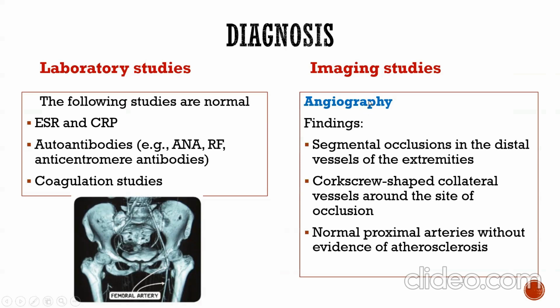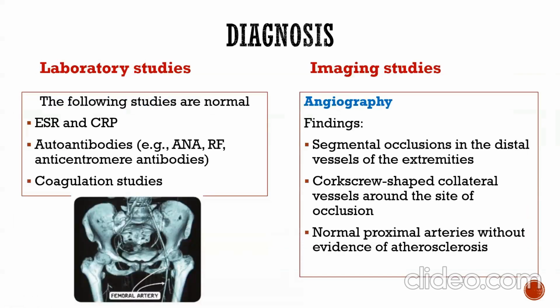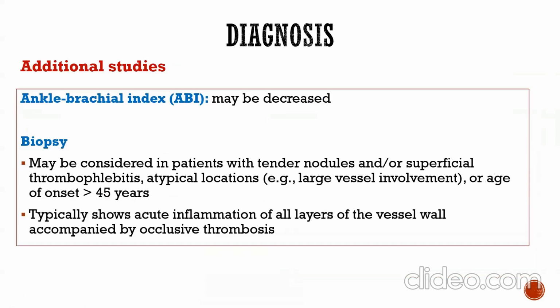Imaging studies also include angiography, finding segmental occlusion in the distal vessels of the extremities, corkscrew-shaped collateral vessels around the site of occlusion, because of compensatory reaction, and normal proximal arteries without evidence of atherosclerosis.